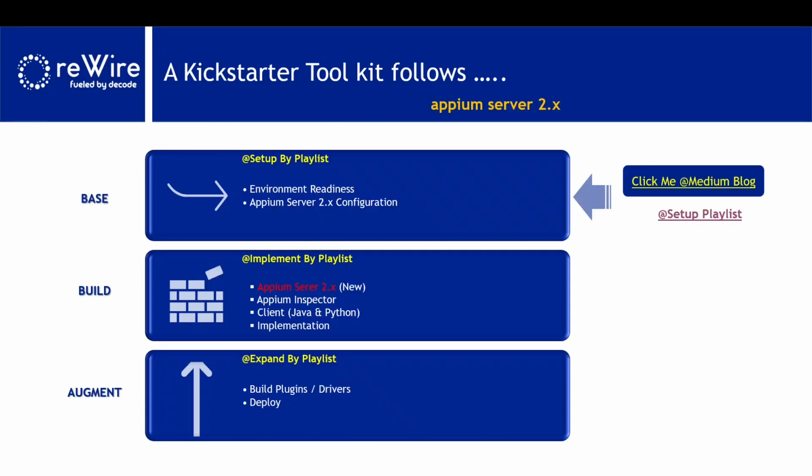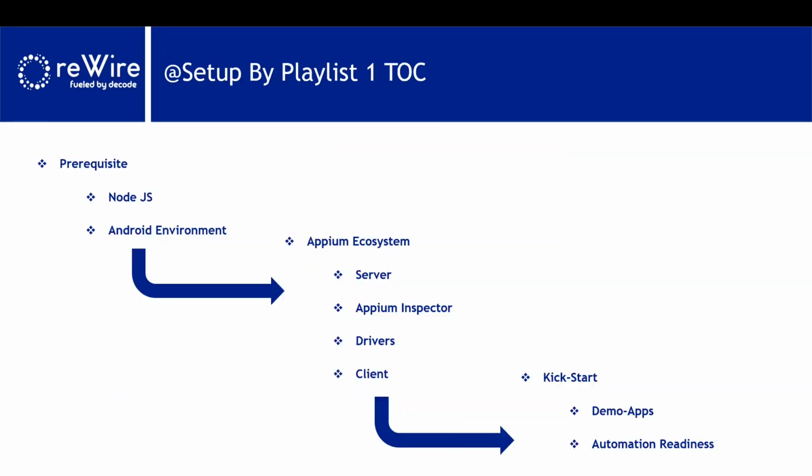Before getting into that, this is the table of contents that I have covered in the setup playlist. As a prerequisite, we should have Node.js and the Android environment, then the Appium ecosystem configuration, followed by how we can kickstart the automation.